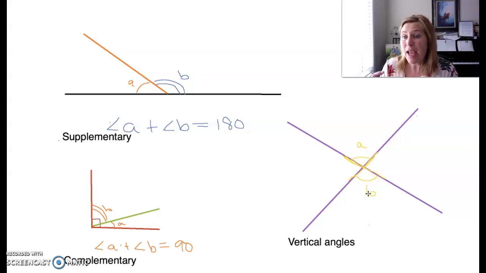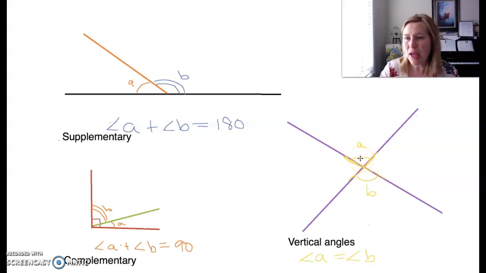Instead of adding to a certain number, when we have vertical angles, you can see this straight line and this straight line, once they cross, the angle created right here and the angle created right here have a cool property: they are equal angles.